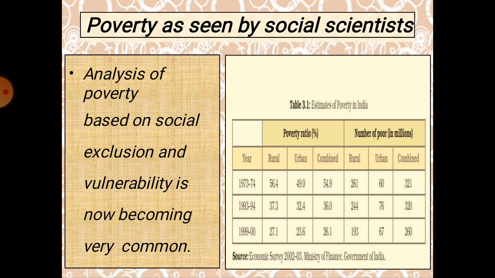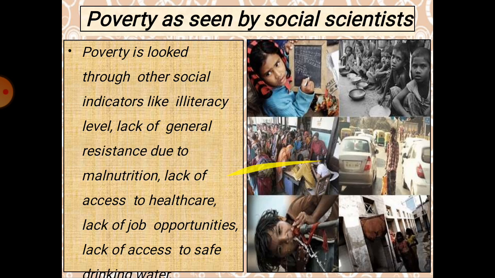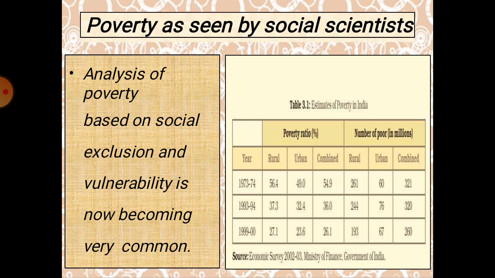If you see, scientists have analyzed poverty based on social exclusion, and vulnerability is now becoming a very common aspect. So here you can find the number of poor people, and here you can find the poverty ratio.